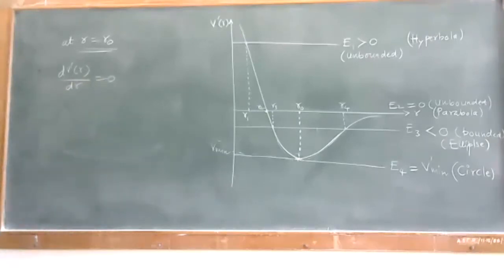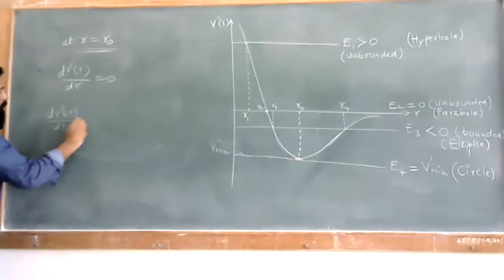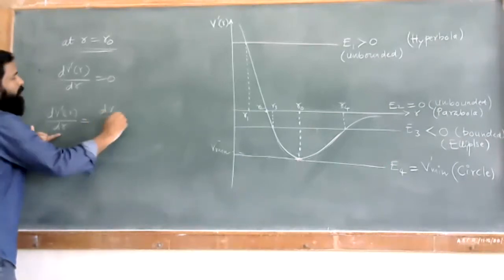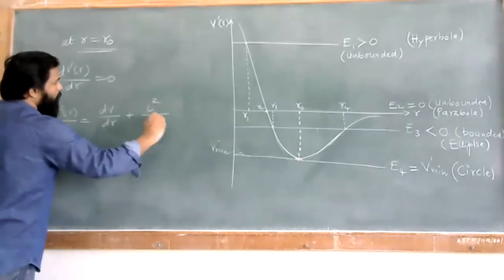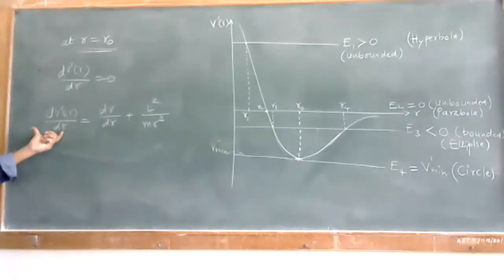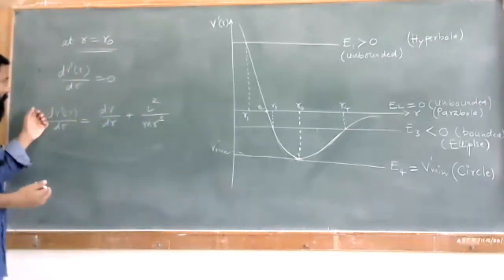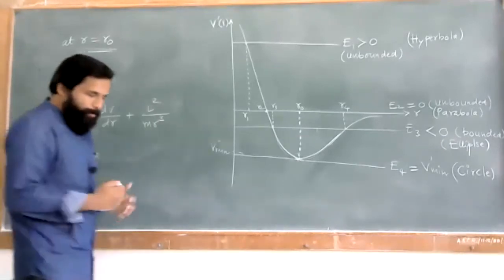What is our condition? If you can remember our equations, dV dash by dr is equal to dV by dr plus L square upon m r cube. This is our equation, which we calculated already when we calculated the effective forces.